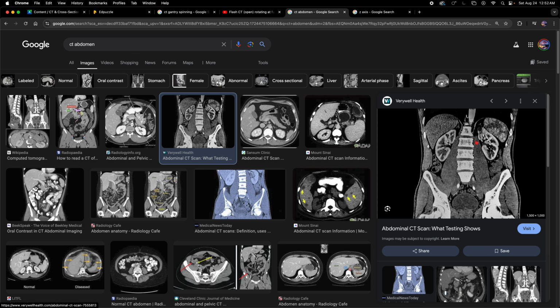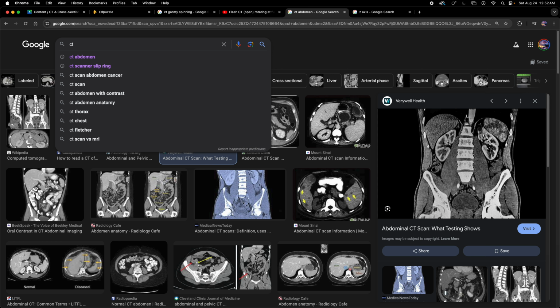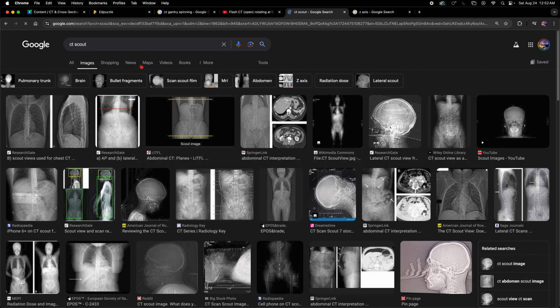Now, how would it do that? When you take your scout images, the CT scouts, which is akin to your X-rays of the body, the machine uses that to calibrate or to prepare for what amount of exposure is necessary to image the body with the lowest dose possible.